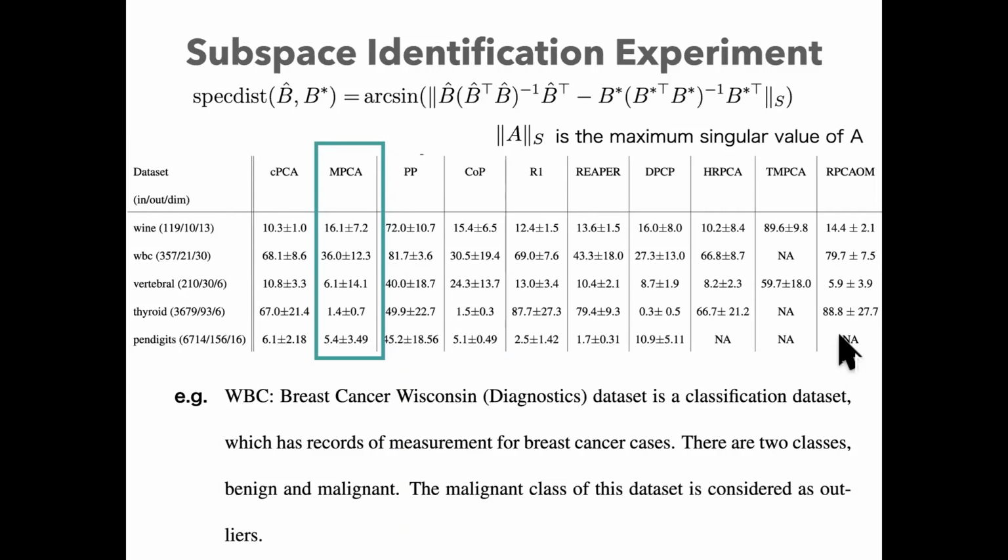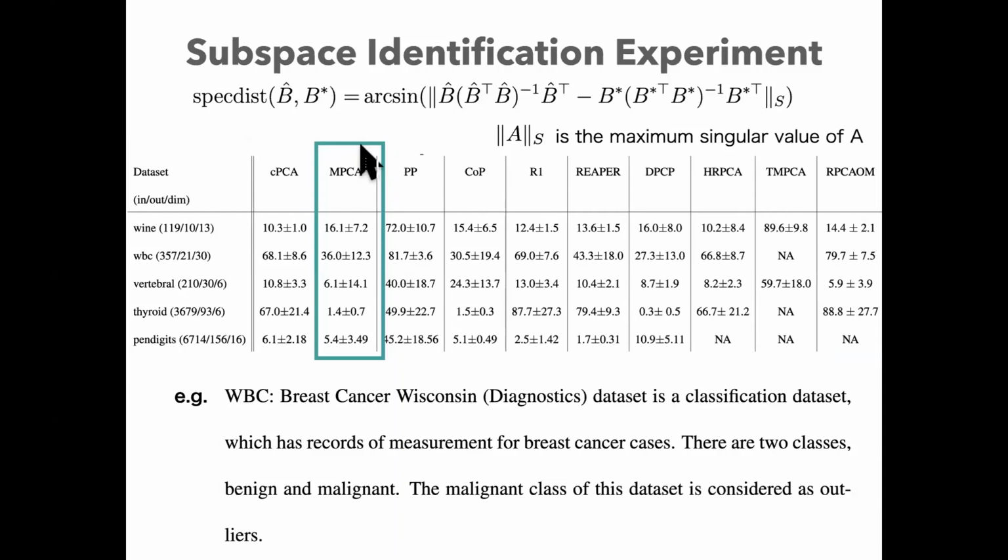Then several PCA-like methods are applied to the whole dataset, including both inliers and outliers, to find the principal subspace. The spectral distance defined here between the obtained subspace and the ground truth subspace is compared. We measure distance from the ground truth, so the smaller the better.